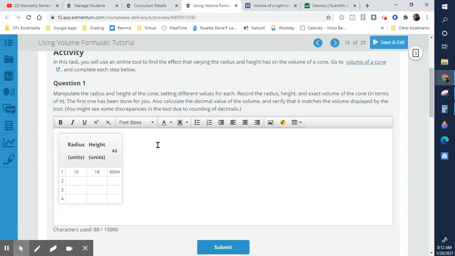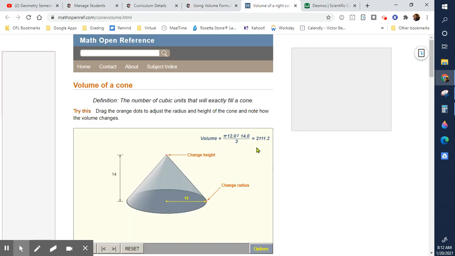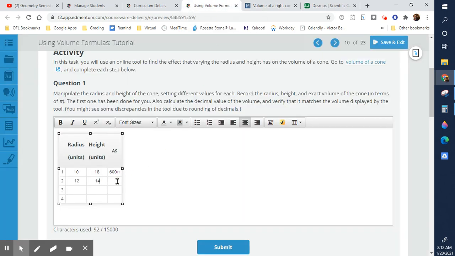The radius is 12, the height is 14, and then we need to figure out the volume of this, and that's going to be 2111.2. We're going to move on to another one.